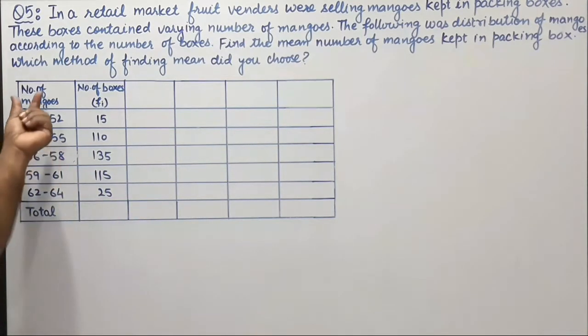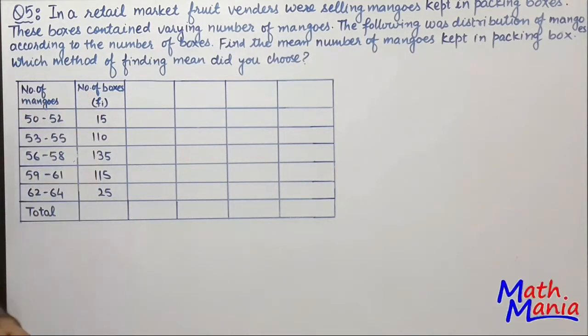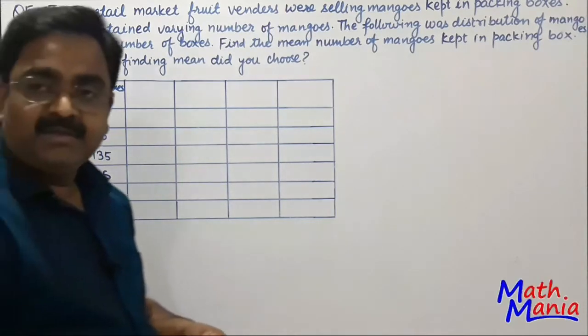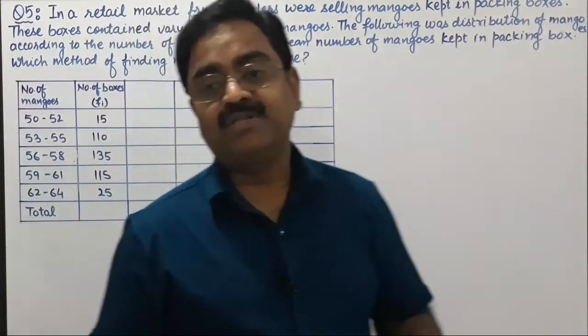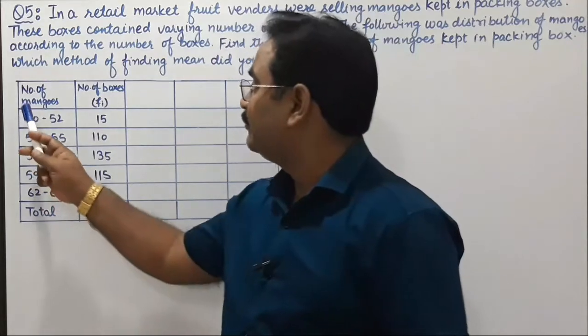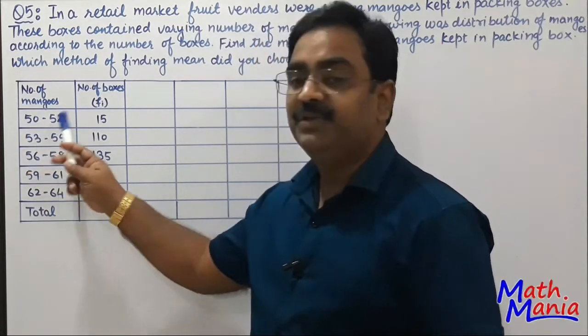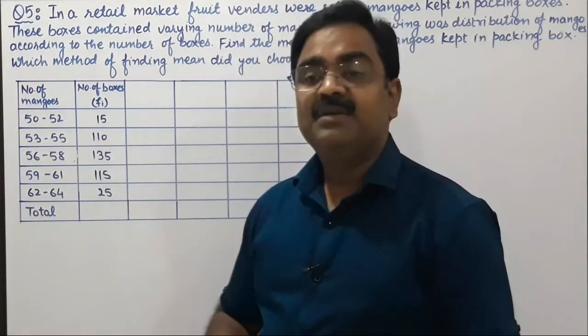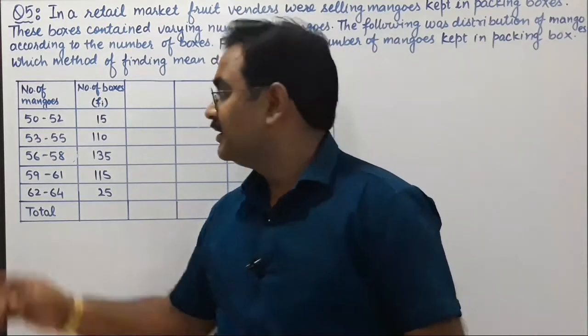The number of mangoes and the number of boxes are given. The mangoes 50 to 52 are kept in 15 boxes.